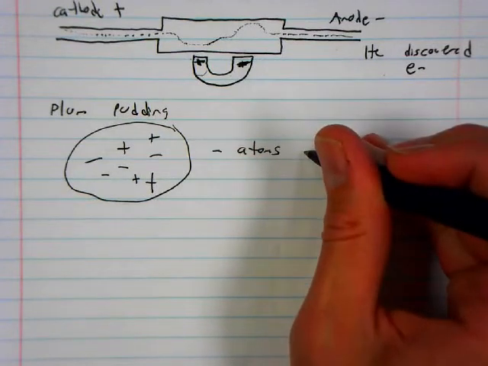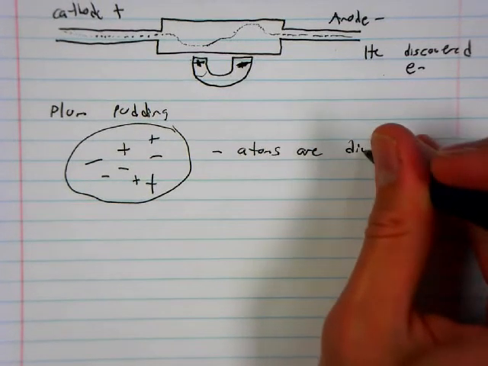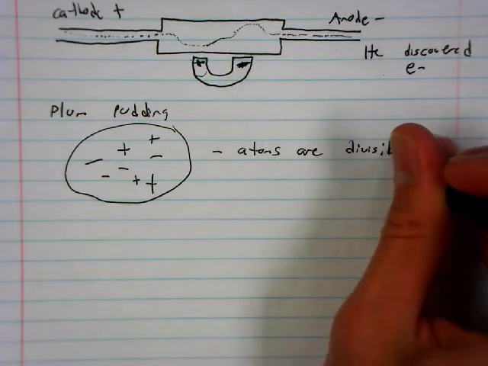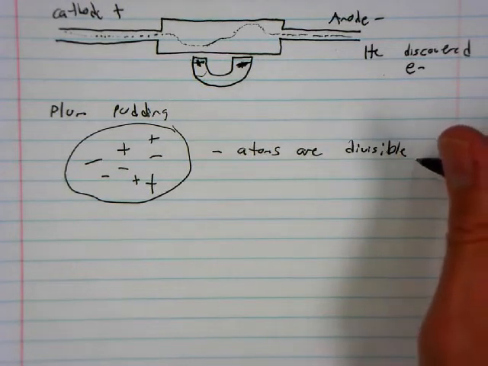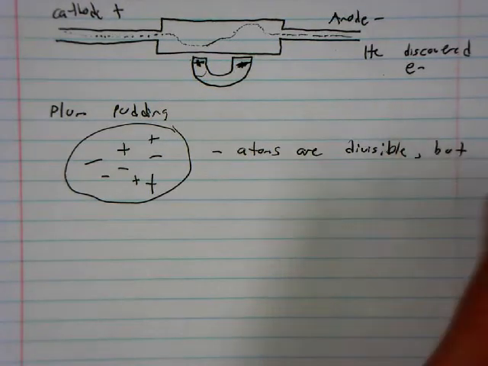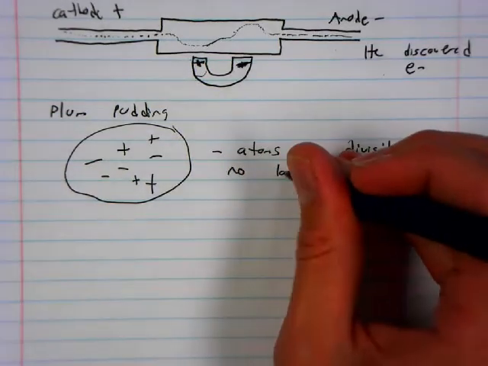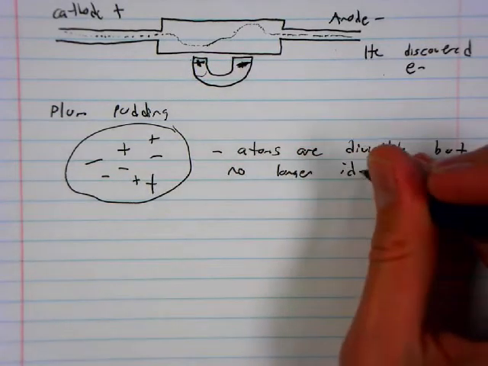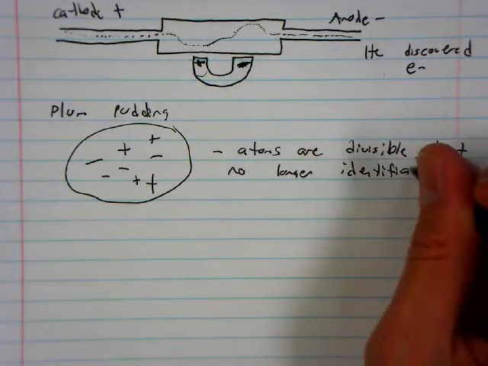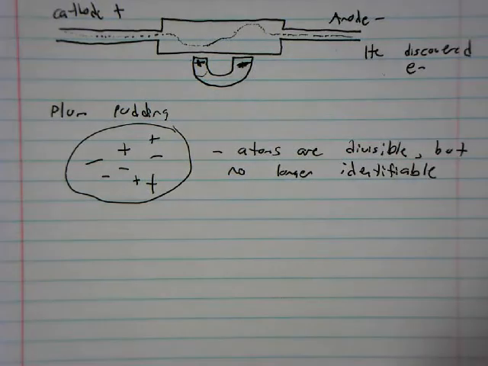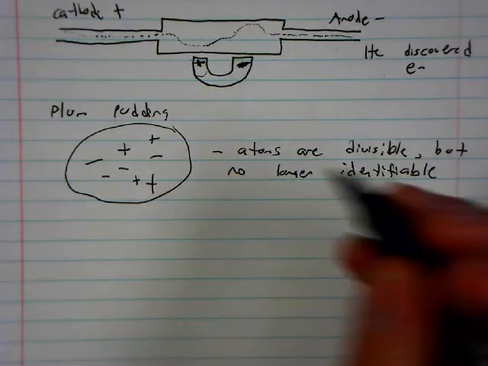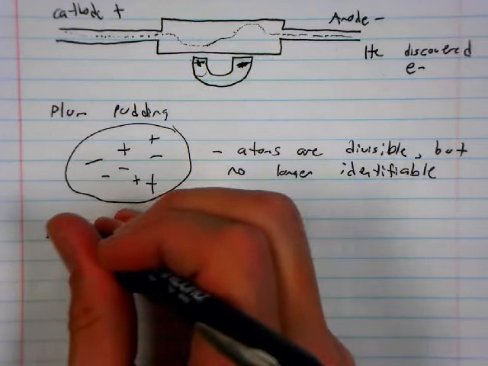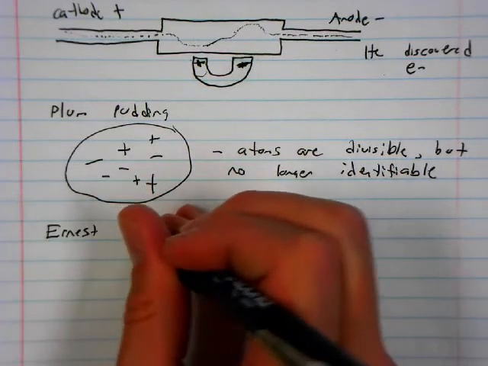And in this model, atoms are divisible, but no longer identifiable. So you could split an atom, but you could no longer tell what it was.